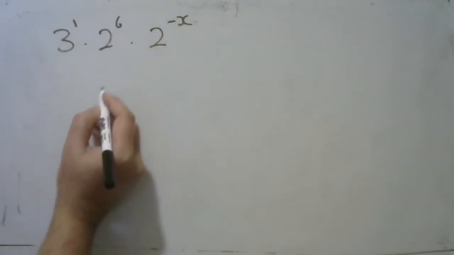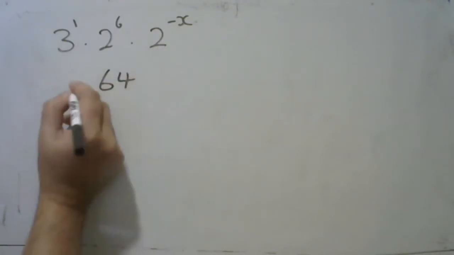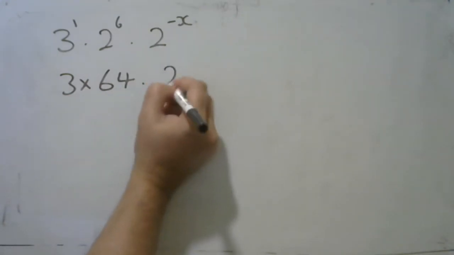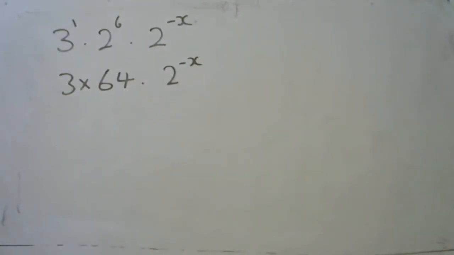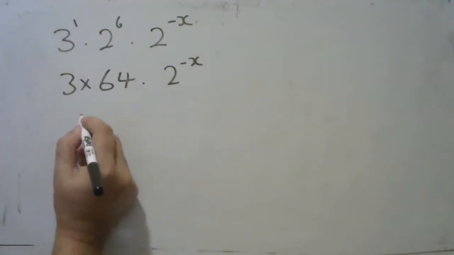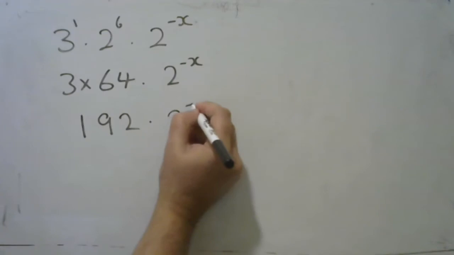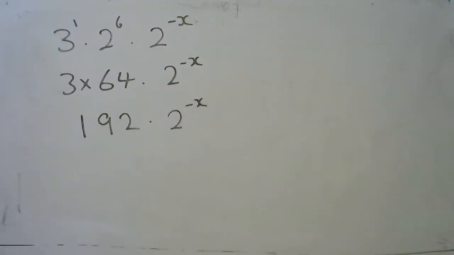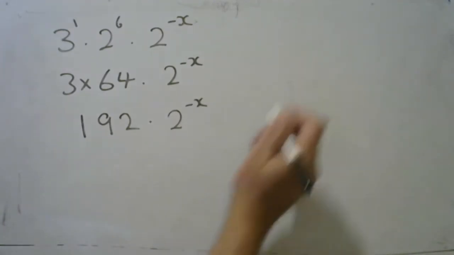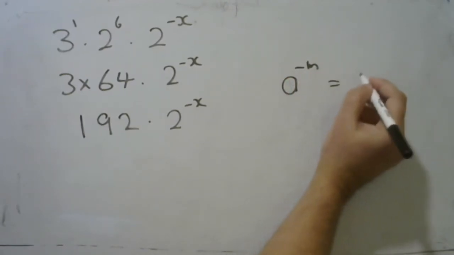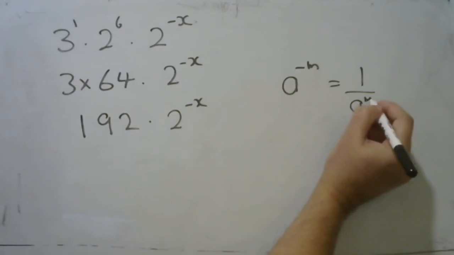Now 2 to the 6 is 64, and this is 3 times 64 times 2 to the minus x. Now this portion here is 192 dot 2 to the minus x. Now, you know, a to the minus m is the same as 1 upon a to the m.